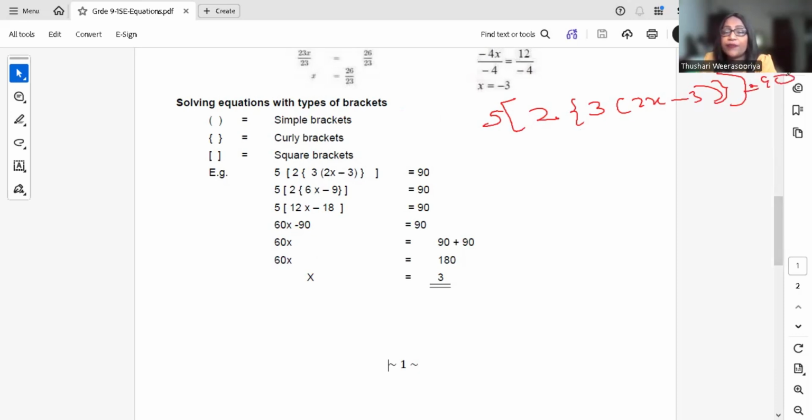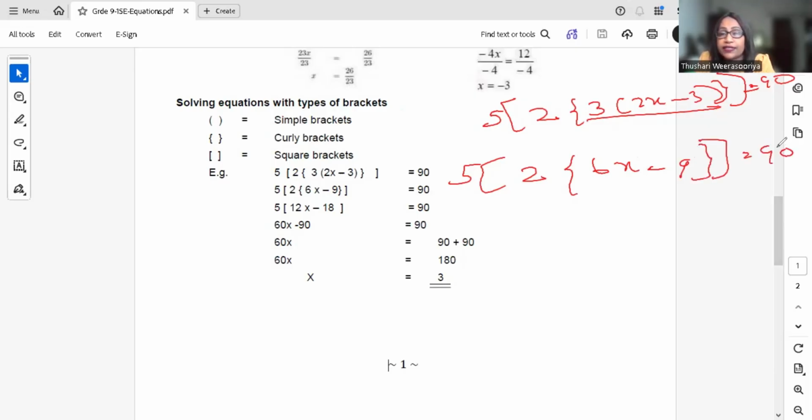Right. Now, the first step, you remove the small simple brackets. You have to go from inside to outside, not from outside to inside. Right? First remove the simple brackets. There you get 5, square bracket, 2, curly bracket, 6x minus 9, equals 90.